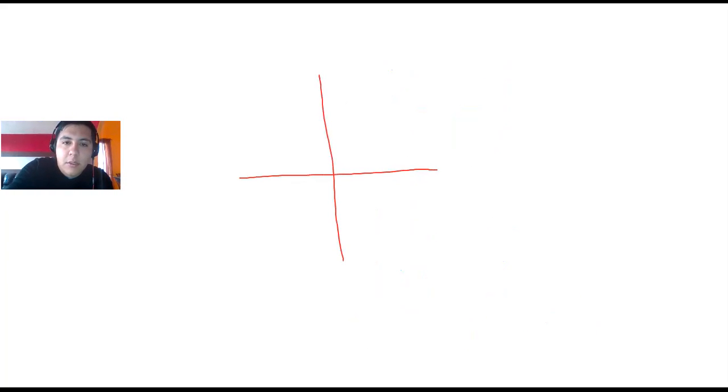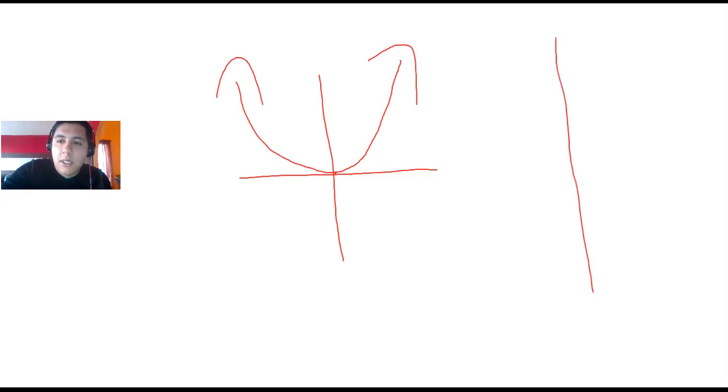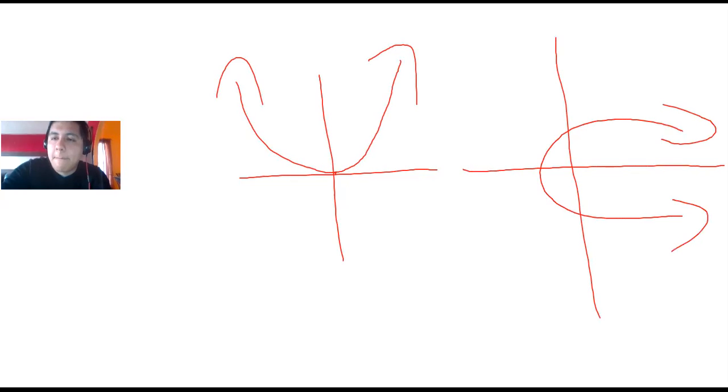Now, finally, let's say that we have a graph. I'm going to draw 2 of these. So with a graph, it's very easy to see. All we would have to do is use the vertical line test to see whether these are functions.